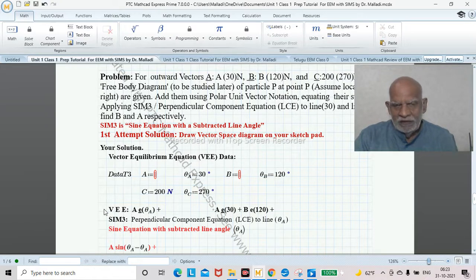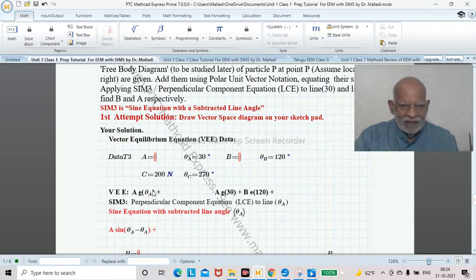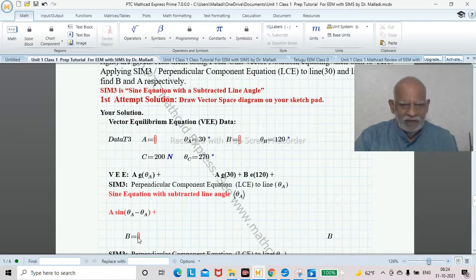I'm typing. Suppose you are doing this at home. You need a scratch paper and then write it by hand. It's better to write all the comments by hand because that is very fast. You do only the data and the calculation formula in MathCAD. The rest of them you can scribble on scratch paper.